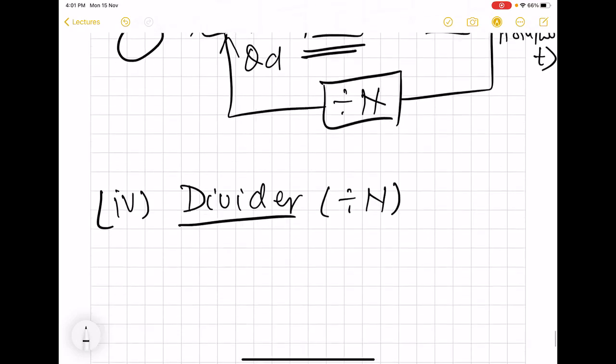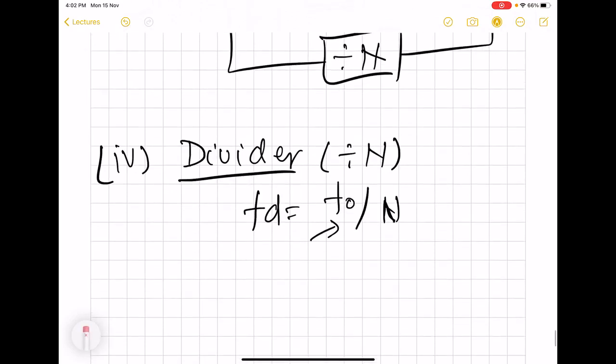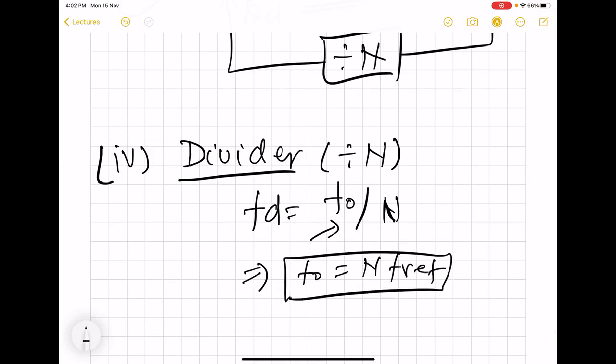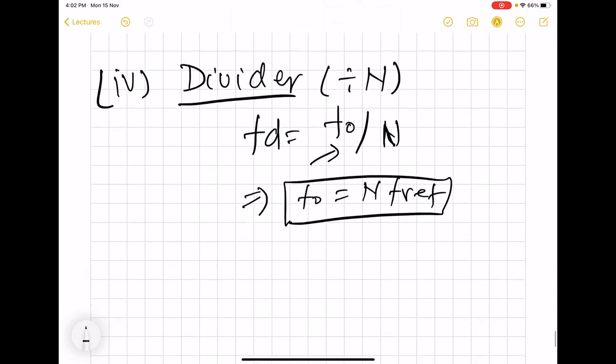As the name suggests, it basically ensures that the output of this block is n times its input, and this input is ultimately the output in which we are interested. And this then finally implies that we are able to get output which is n times the f ref. There are various ways of implementing it, but typically we go for the digital implementation of this divider block.